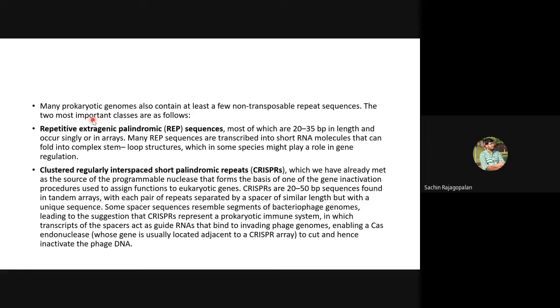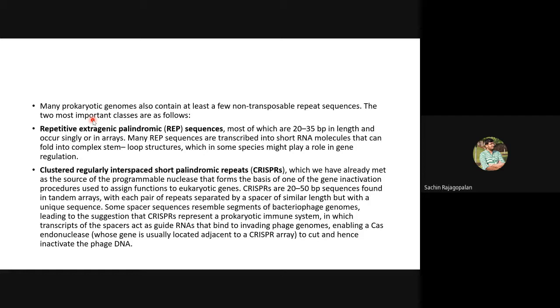Now, this is basically a part of a programmable nuclease system. Its role again is in regulation. Please understand that their role is very important in inactivating the phage DNA. It's a part of bacterial immunity. It tries to inactivate the phage DNA which is trying to infect that particular bacteria.